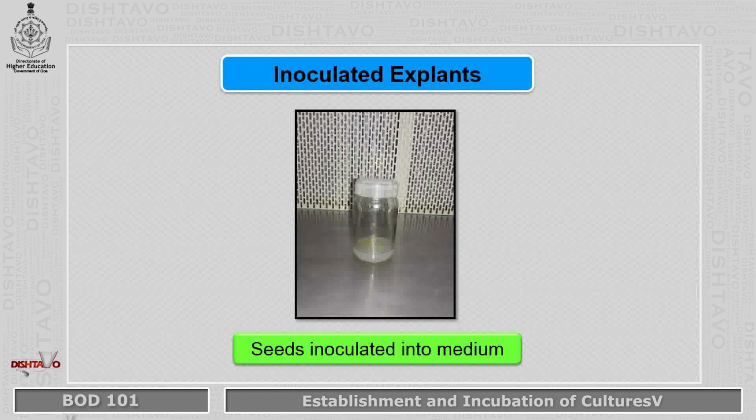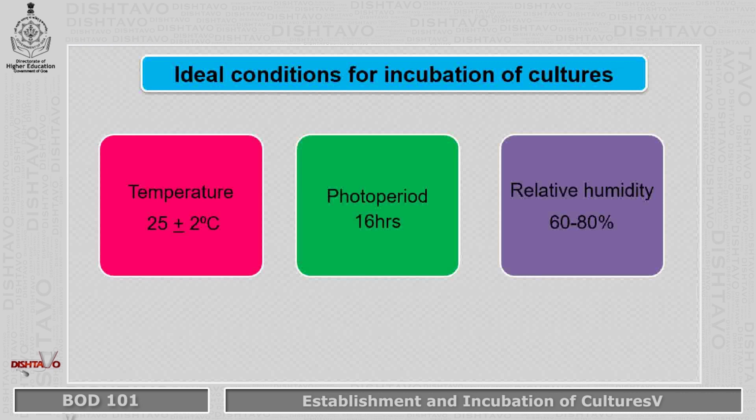So this bottle, that is the culture vessel along with the inoculated explant, has to be transferred to another room of the tissue culture laboratory, that is the culture room, where all the growing conditions or the ideal conditions that are required for this explant to grow are provided. Before we move on to the culture room, we will first learn about the ideal conditions for incubation of cultures.